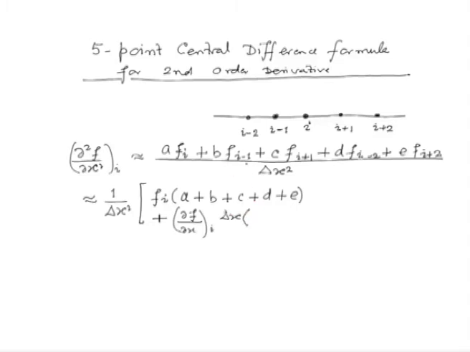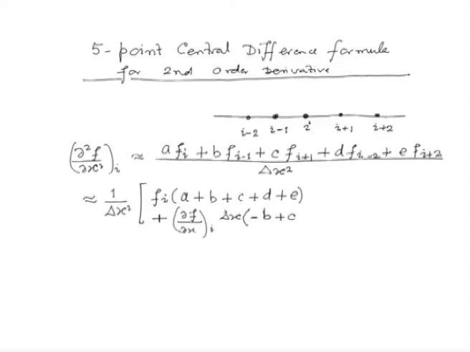So from the expansion of f_{i-1} we get the contribution minus b. From the expansion of f_{i+1} we have the coefficient Δx into c, Δx we have taken out, so we get plus c.